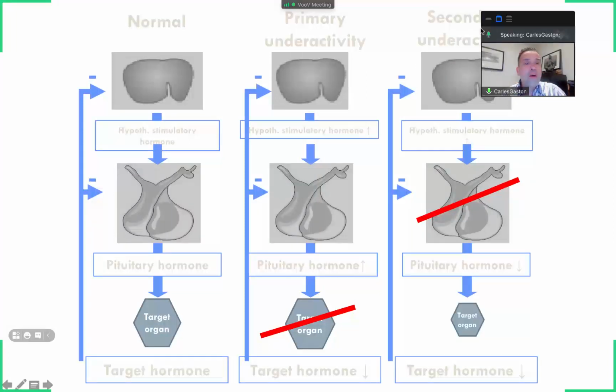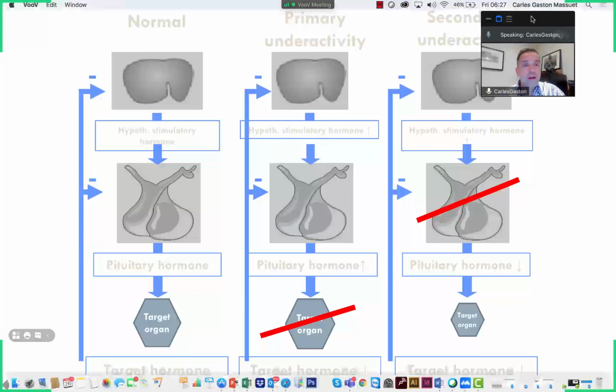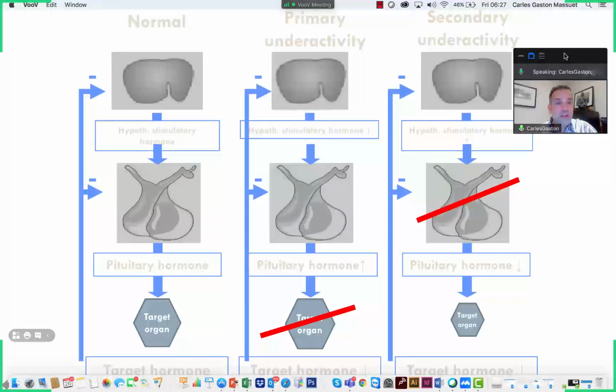So what we know as secondary undersecretion is when the pituitary gland does not work. And this can be for multiple reasons. It could be genetic. It could also be because there is a pituitary tumor. So the pituitary hormone is underproduced.